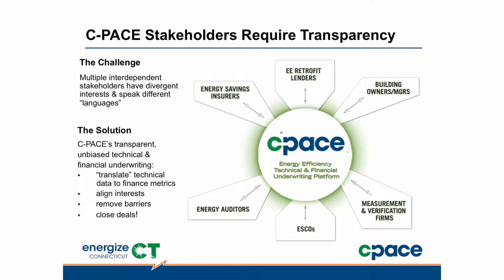How do you get them all on the same page, speaking the same language, with aligned interest, that they can all see from their vantage point, this is a value-add project, right?